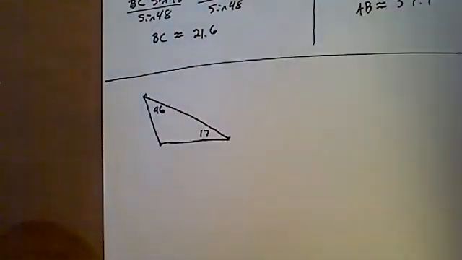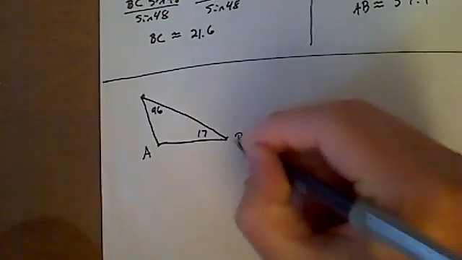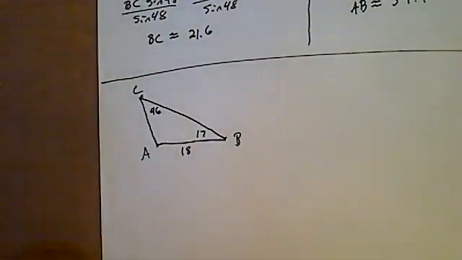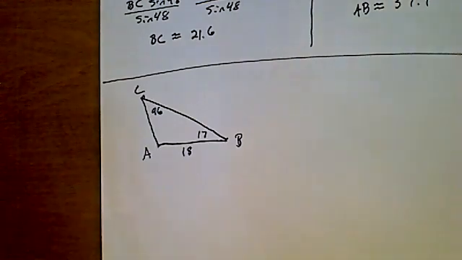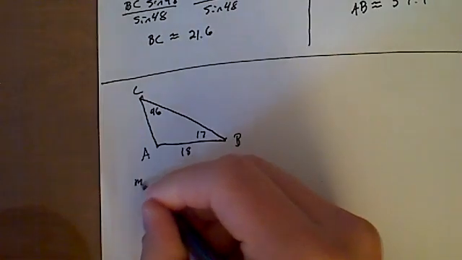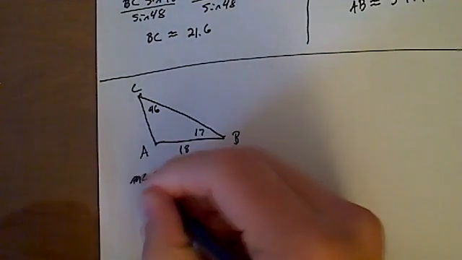17.46. We'll go A, B, C. And the side is 18. So again, our first question might be, what is the measure of angle A?